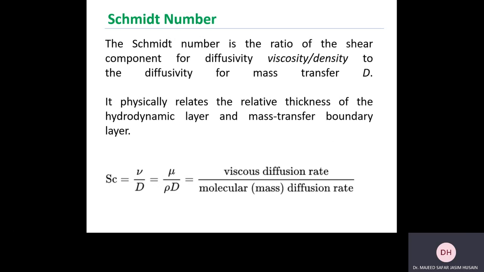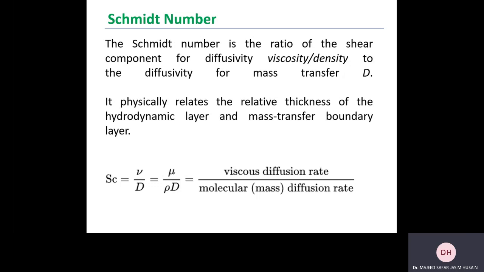The Schmidt number is the ratio, again, of the viscosity divided by density to the diffusivity for mass transfer, which is capital D. And it relates physically the relative thickness of the hydrodynamic layer and the mass transfer boundary layer.